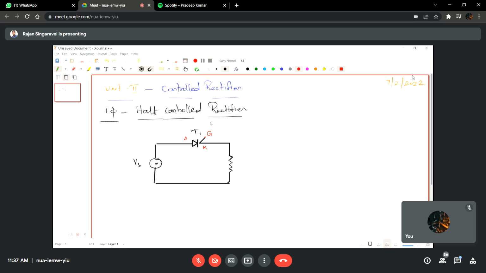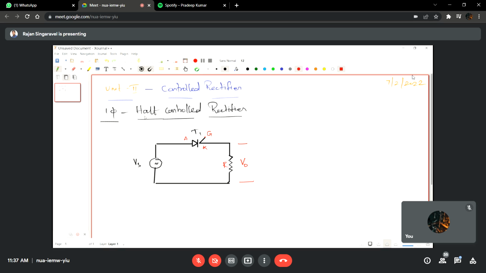And the negative half cycle of the input supply will not be rectified, and it will not be available in the output terminal across the load R.